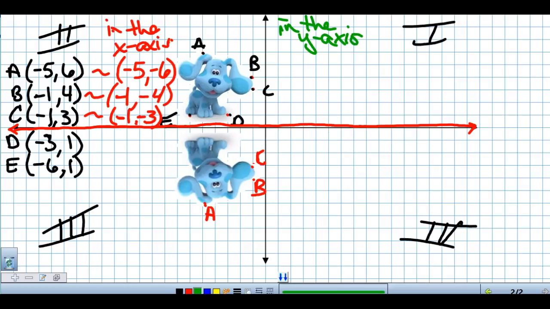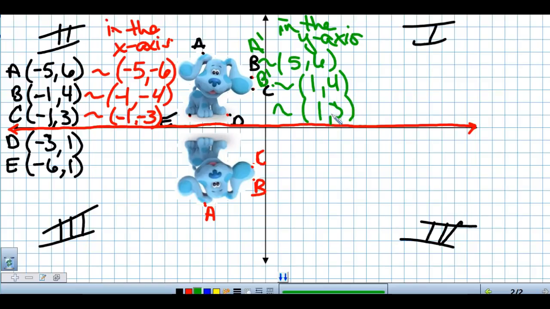The x is the one that changes. So A prime will be 5, 6. And B prime is going to be 1, 4. C is going to be 1, 3, and hopefully you kind of understand it from there.